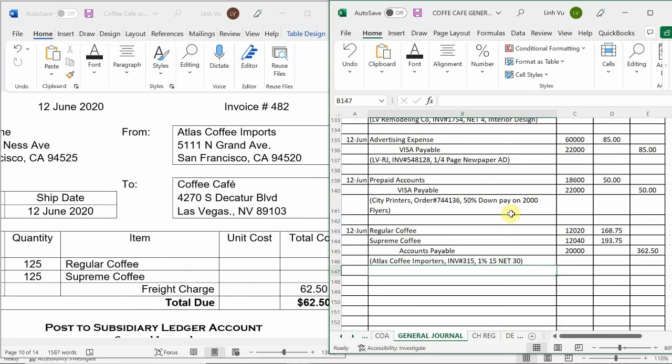So $31.25 for my regular coffee and $31.25 for my Supreme coffee. Now, how do I journalize that I have shipping cost for my inventory? In this case, you said freight expense.